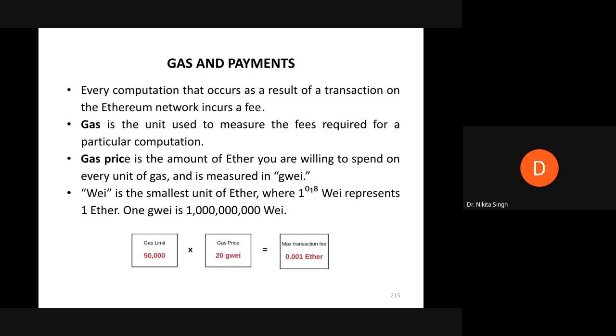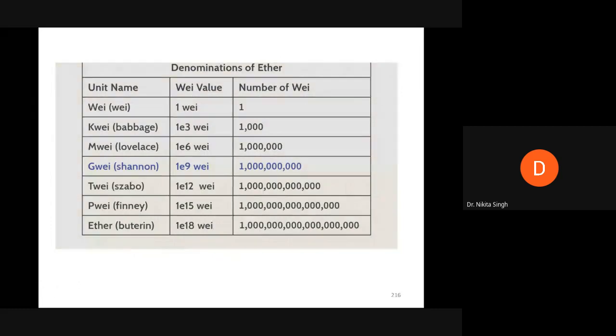Now, as we have previously discussed, one coin of Ether can be subdivided into different denominations. If you look at the slide here, it gives you the denominations of Ether. There are several denominations here. You can look at the unit names.